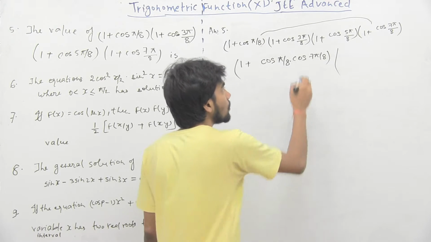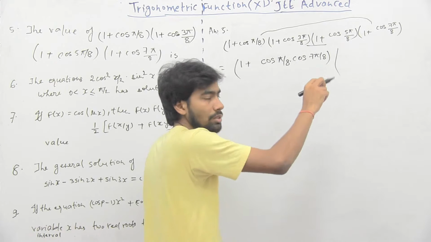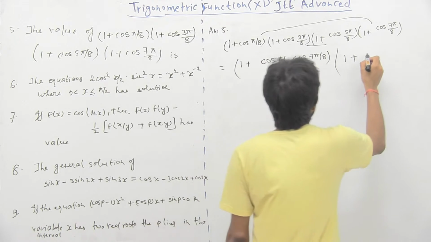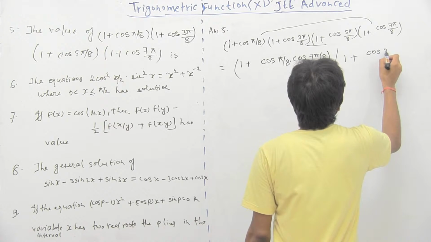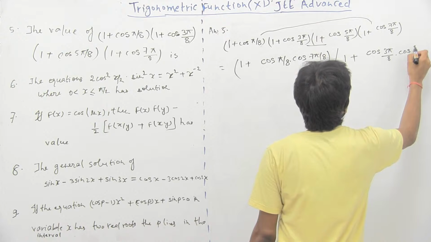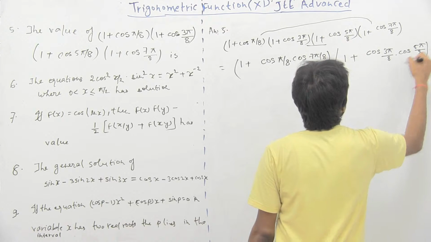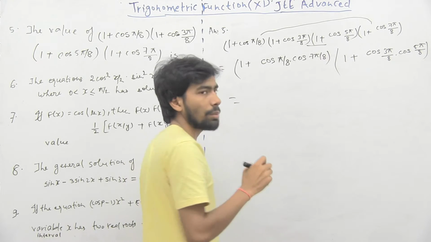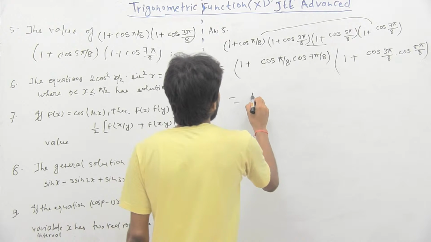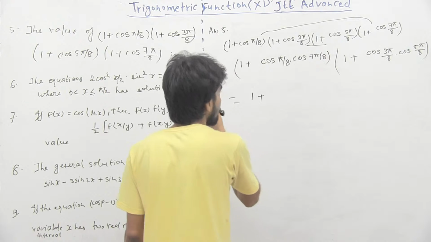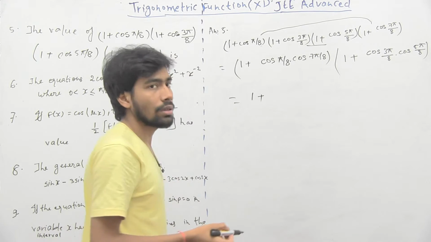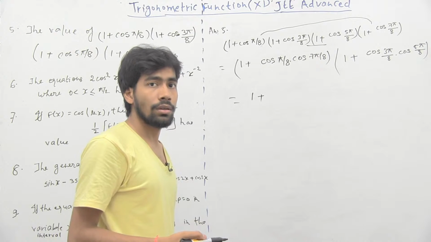And multiply these two terms together. So it will give 1 plus cos 3 pi by 8 into cos 5 pi by 8. Now cos A cos B, what is the value of cos A cos B?